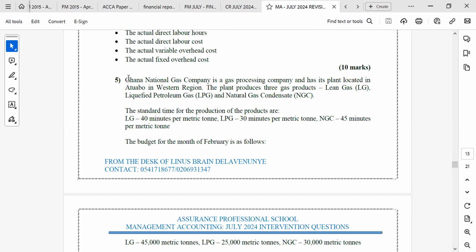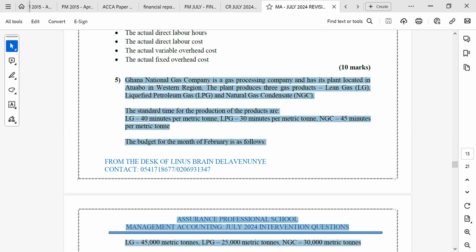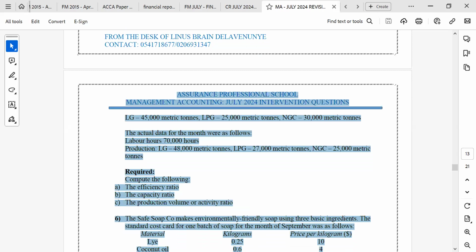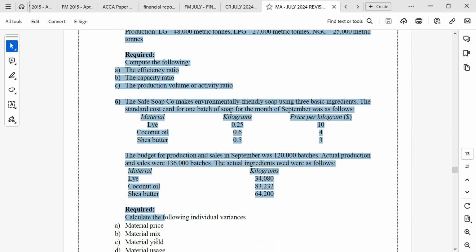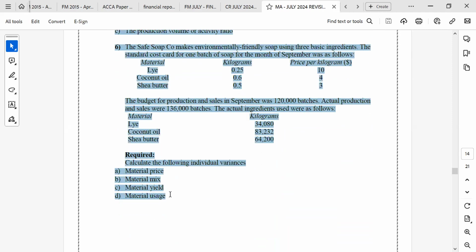Please try this question. It's very simple. We have even solved this one in class, so you can revise that again. Maybe they can bring a question on material, which will be material price, material mix, material yield, and material usage.